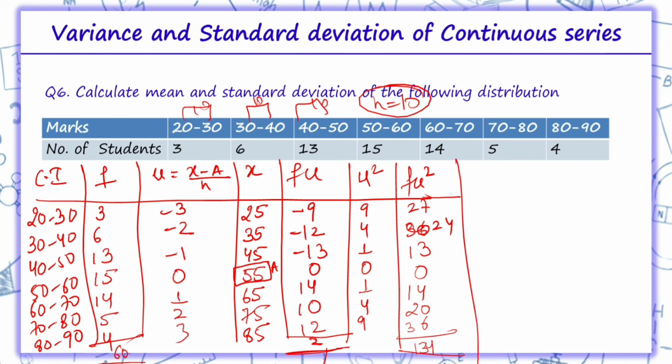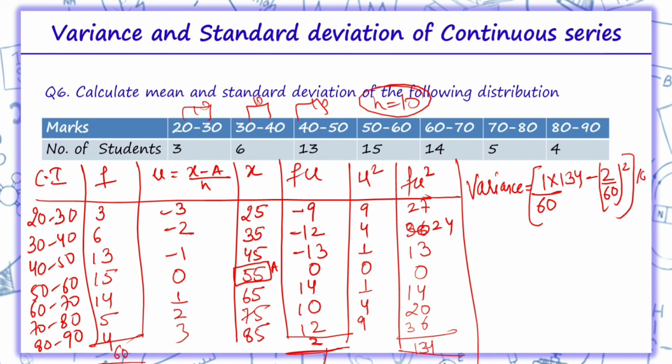Now we'll apply the variance formula. So the variance formula for continuous series was 1 upon n, which is 1 by 60, summation of fu square, which is 134, minus summation of fu, which is 2, upon summation of f, which is 60, 2 by 60 whole square, into h square. So h is 10.